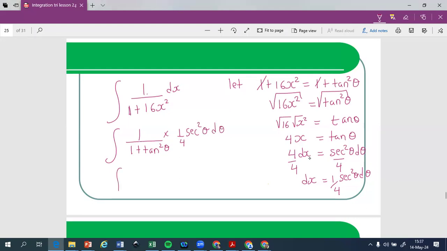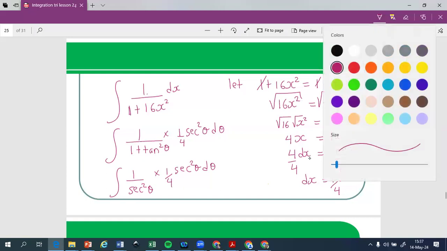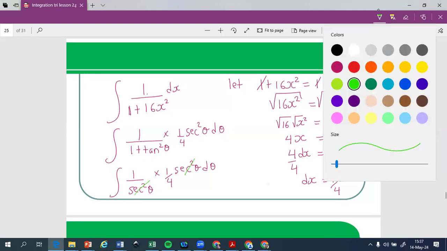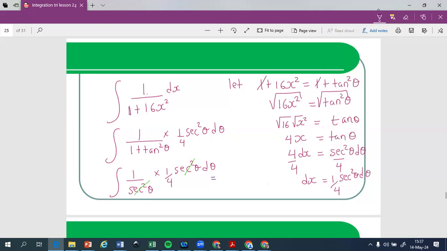But I know very well that 1 plus tan squared theta is the same as sec squared theta, times a quarter sec squared theta d theta. You always find that in the denominator and numerator there is something cancelling. So this and this will cancel, and we remain with an integral of 1 out of 4 d theta.